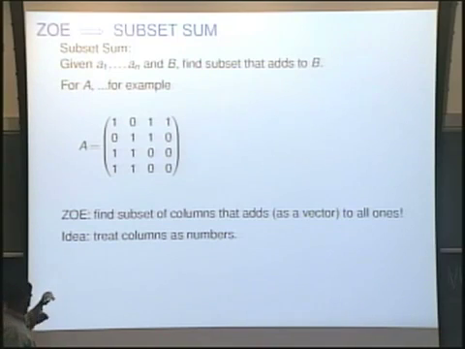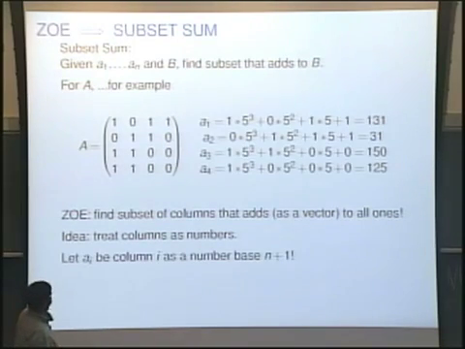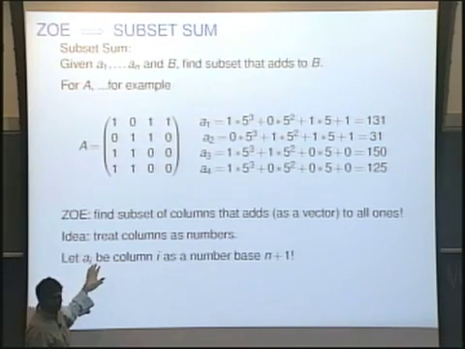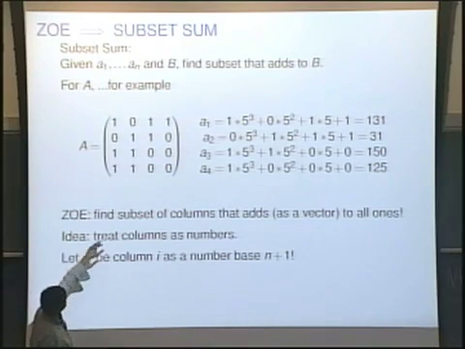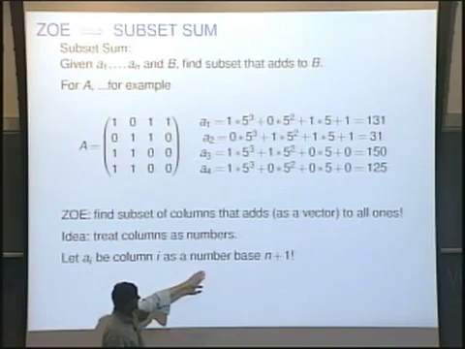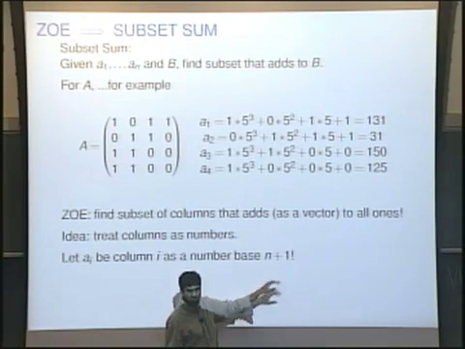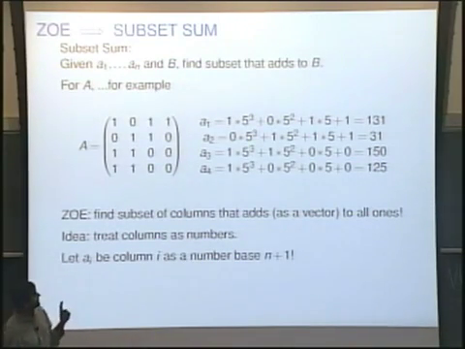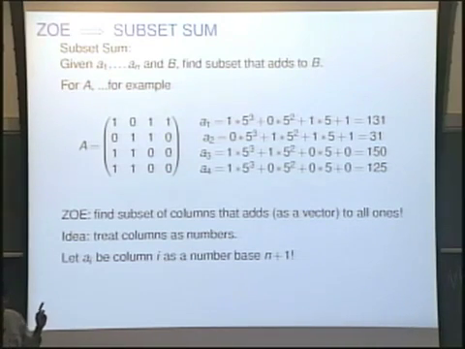We're going to treat the columns as numbers, and this is how we code it up. We'll let A1, which is the first column, be a number in base n plus 1. Here n is 4, so n plus 1 is 5.